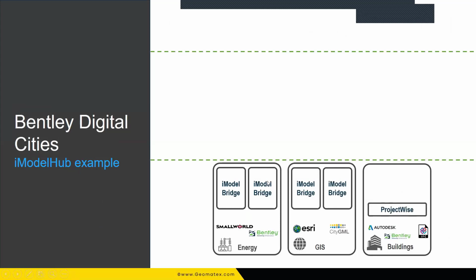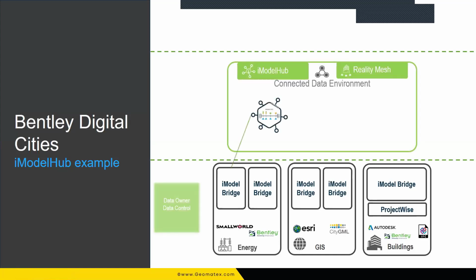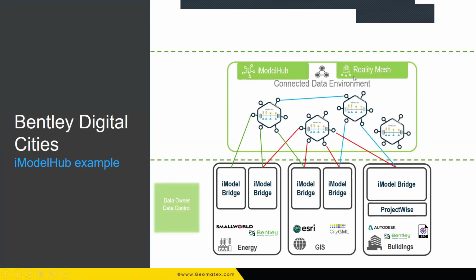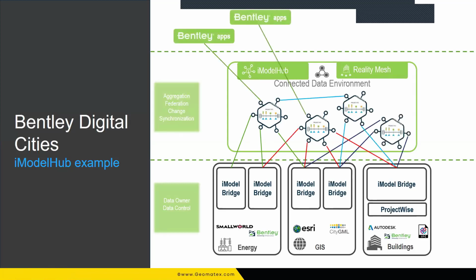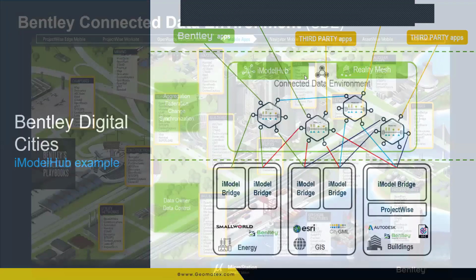We could keep the data sources at their destination, because every data owner doesn't want to share his data with the other parties, but we could study a specific area, and we could access a specific layer of data after permitting this user to access this data temporarily. And at the end, we can deploy everything on the reality mesh. And of course, we can use this in a Bentley environment and also in a third-party environment.